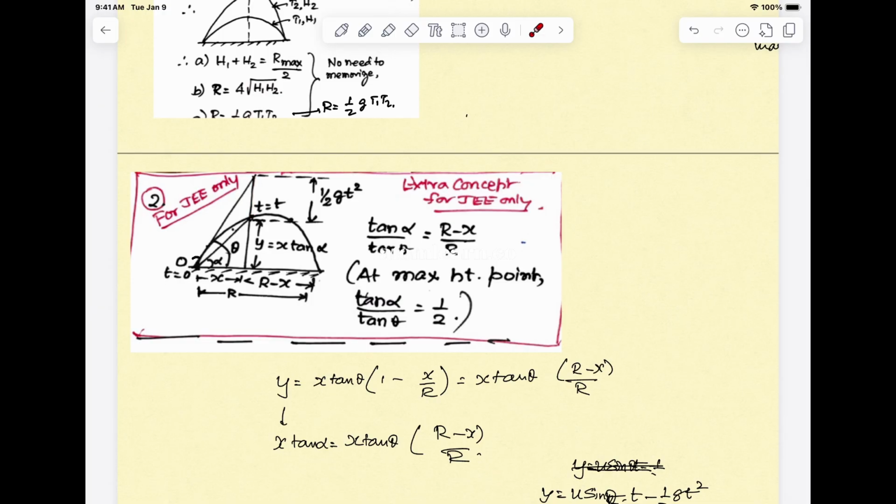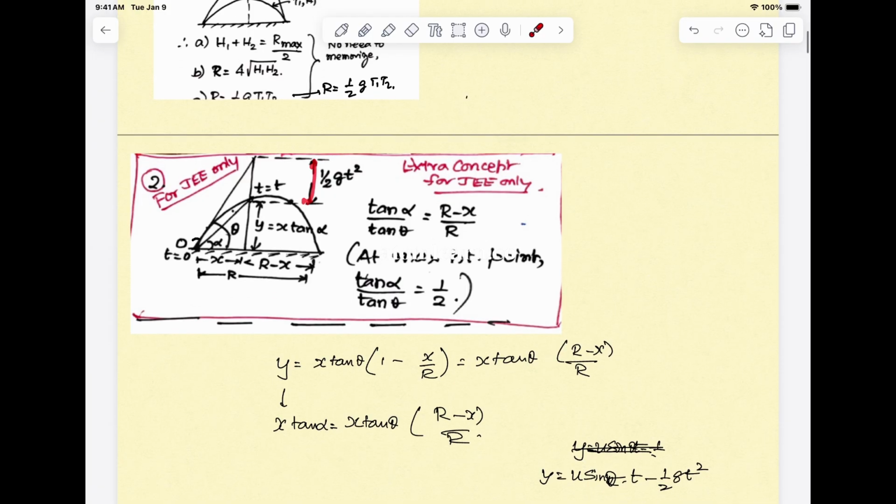Therefore, this part of it is half g t squared. Therefore, we can also write this ratio relation as this by this equal to this by this, right? That's what is being written here.